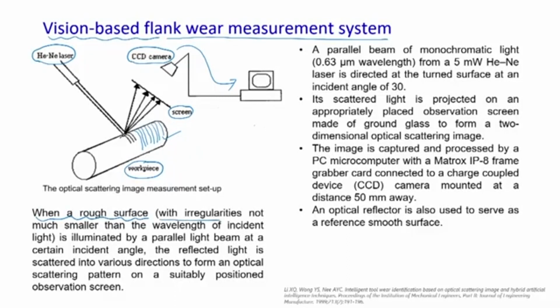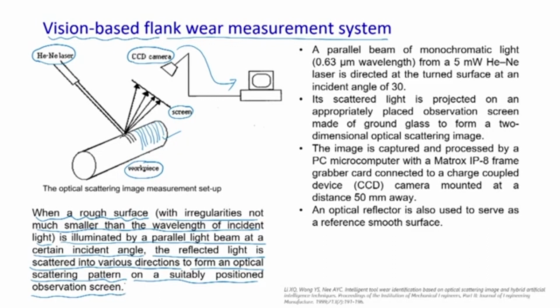When a rough surface with irregularities not much smaller than the wavelength of incident light is illuminated by a parallel light beam at a certain incident angle, the reflected light is scattered into various directions to form an optical scattering pattern on a suitably positioned observation screen.